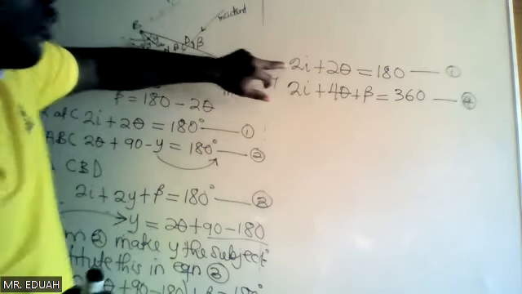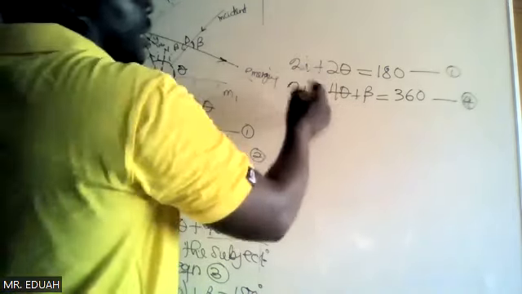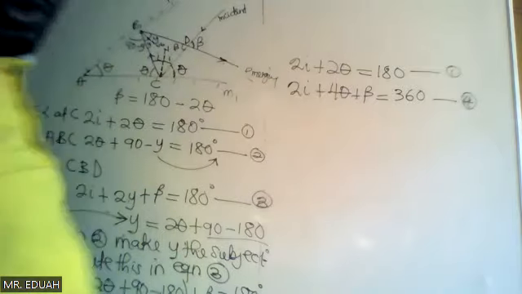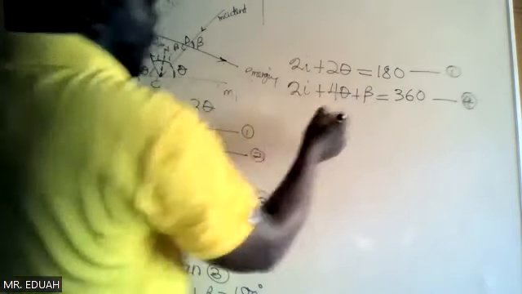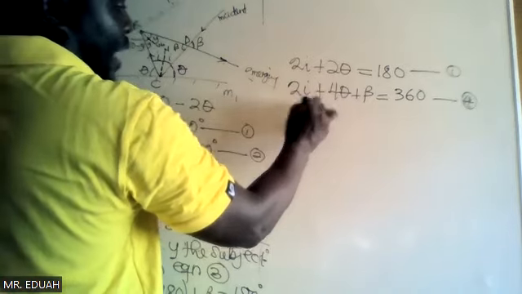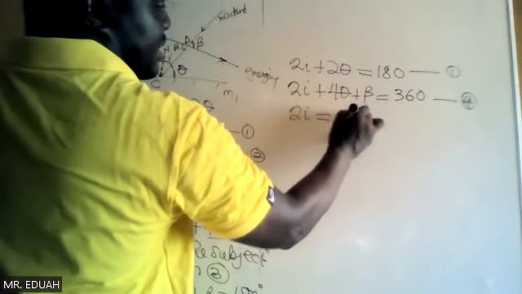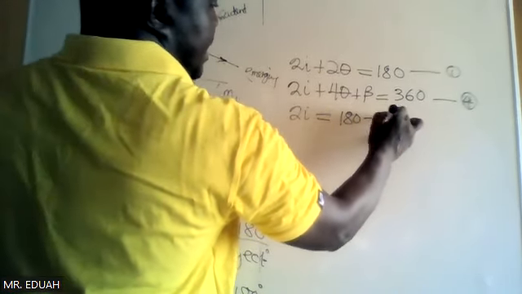Okay, since we have 2i and 2i, make 2i the subject in equation 1 and substitute. 2i in equation 1 is 180 minus 2 theta.